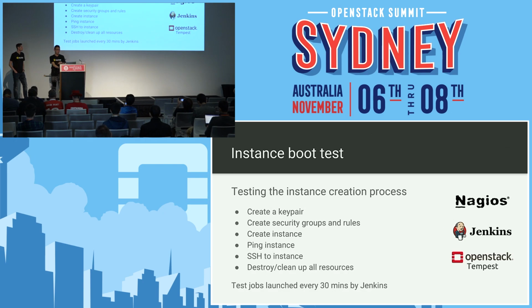When it's active, it will try to ping it, and then it will try to SSH to it. Once it can SSH into it, it's basically a success, and it can destroy or clean up all the resources that have been created for the particular test. The test jobs are launched every 30 minutes in each site. So we do this all the time to make sure that the cloud is healthy.